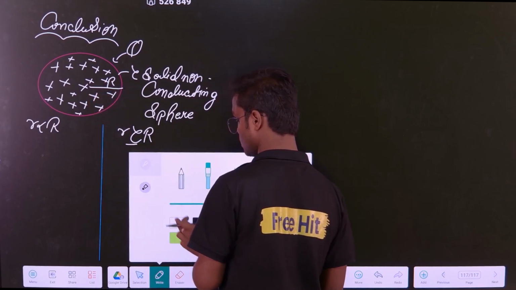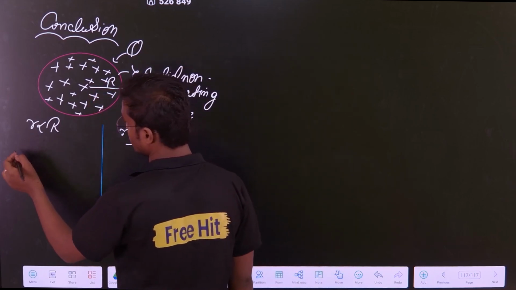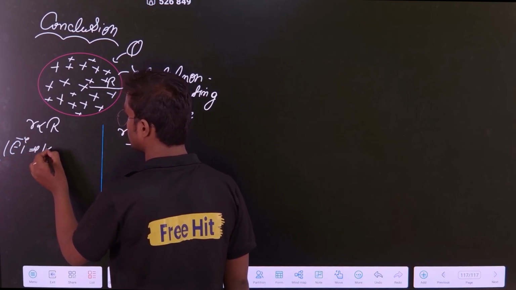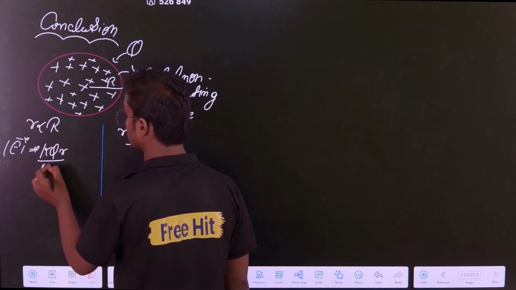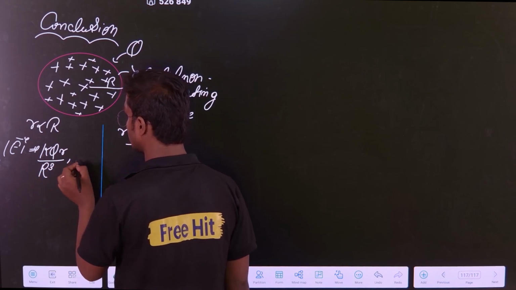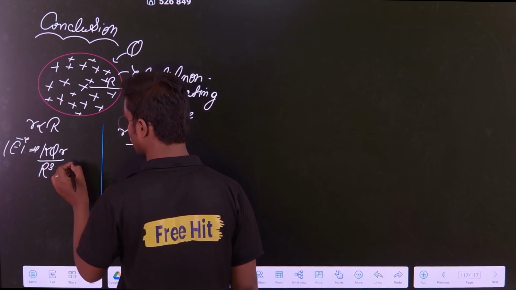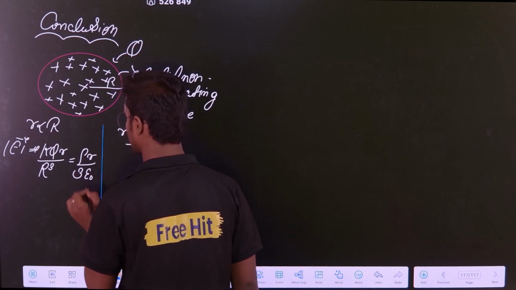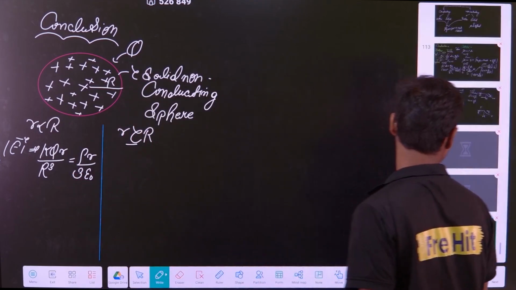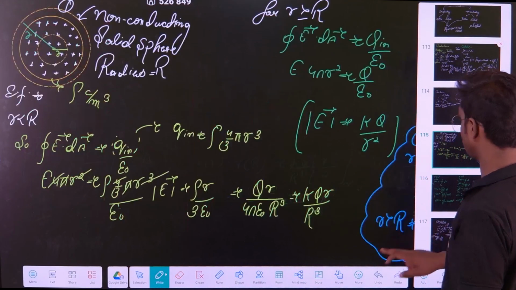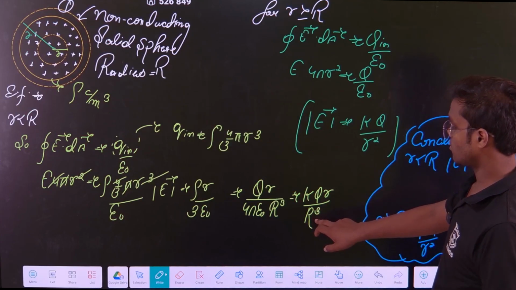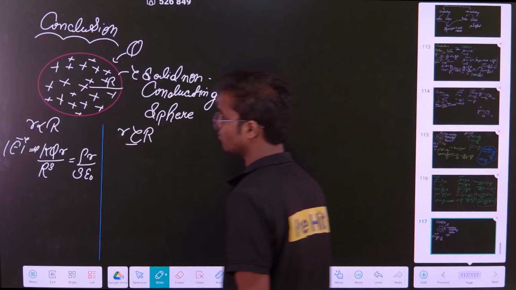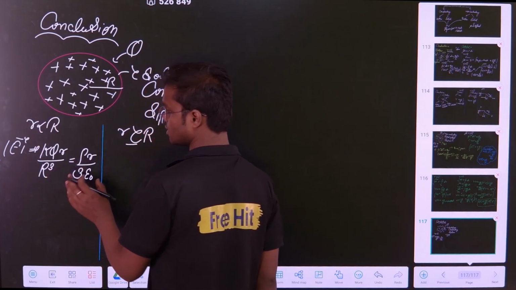Here we find that the electric field formula changes. It is kQ small r by capital R cube, or you can say this is equal to rho r by 3 epsilon naught. Clear here? That is the first thing.